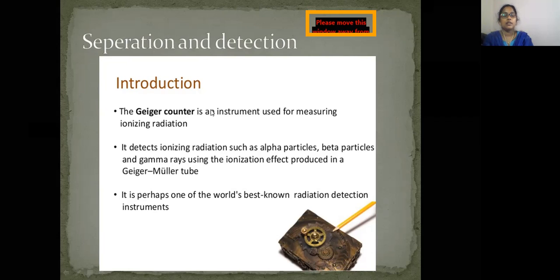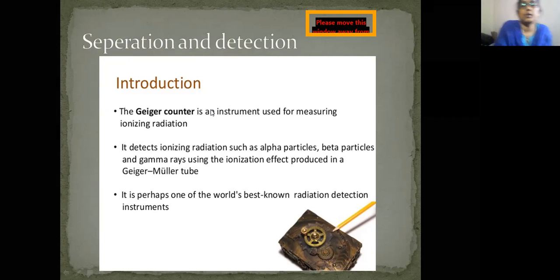After the separation, the next step is to check whether the precursor, intermediates, products, or whatever compounds you got contain the radioisotope or not. That can be done by using these detectors, that is the Geiger-Müller counter, scintillation counter, autoradiography, gas ionization chamber, etc. So the first one is the Geiger-Müller counter.